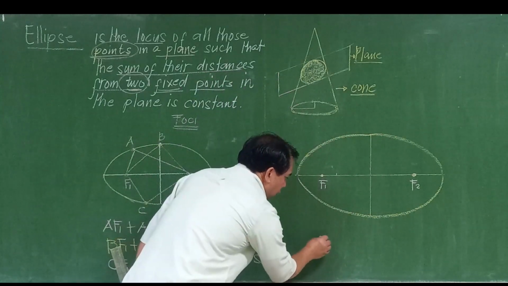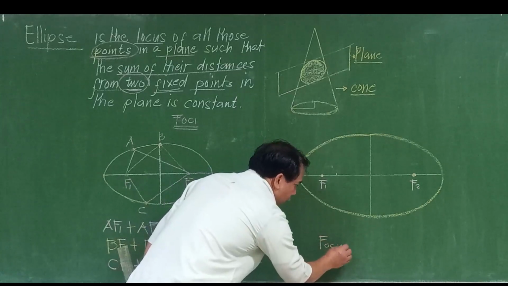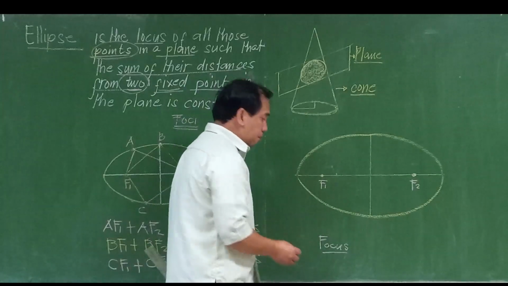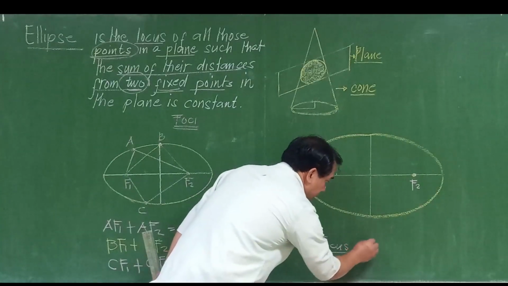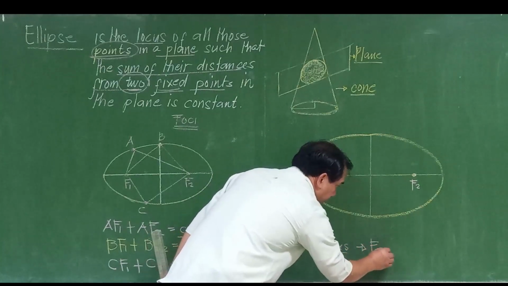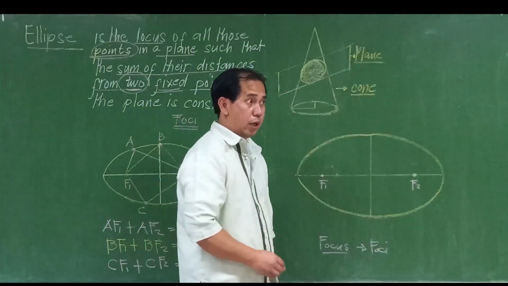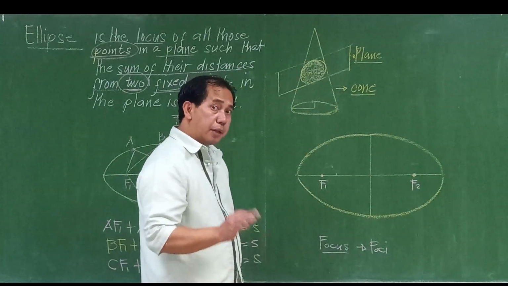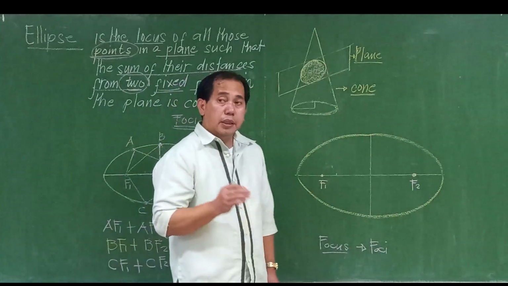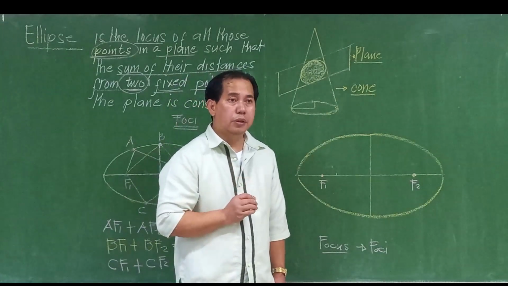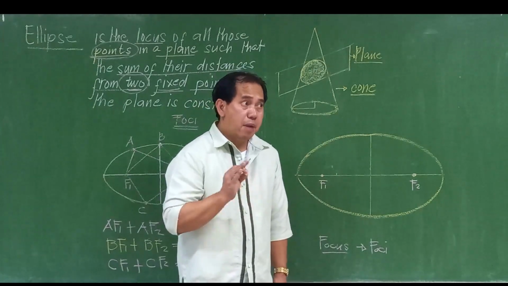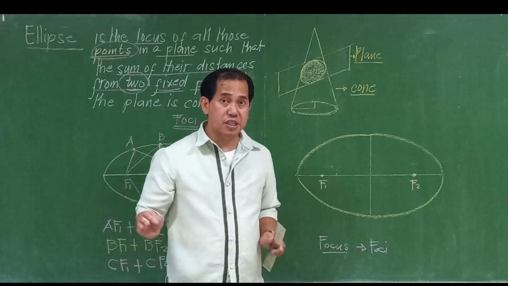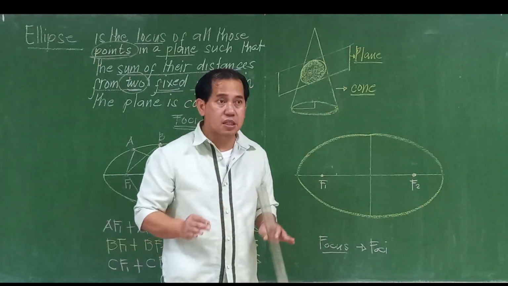When we are talking of focus in ellipse, they are the foci, because there is more than one focus. Now, another thing that we need to consider in ellipse is what we call the major axis. The major axis in the ellipse is always the longest axis.